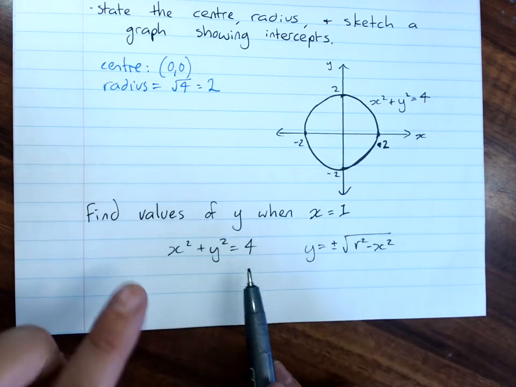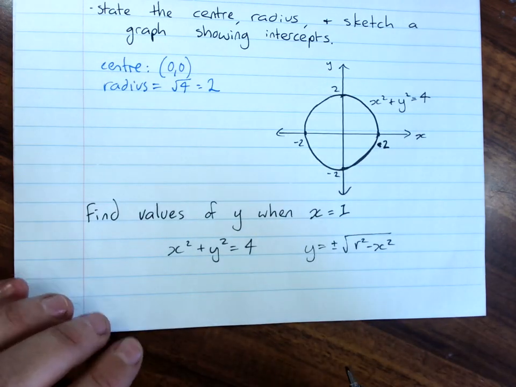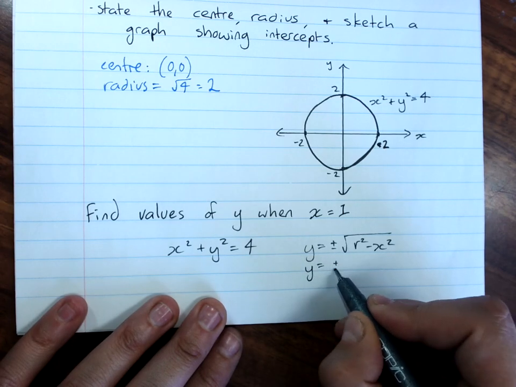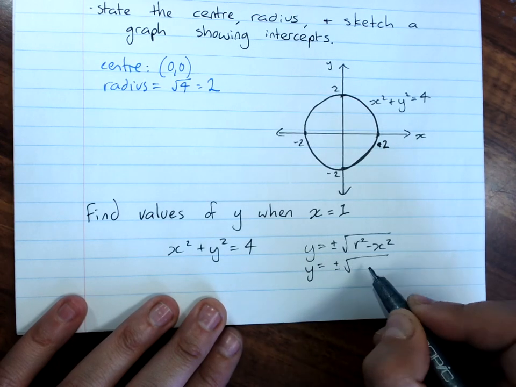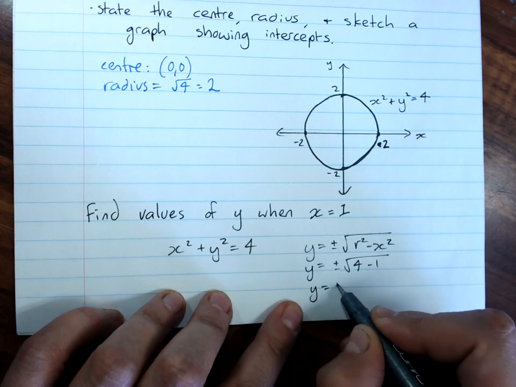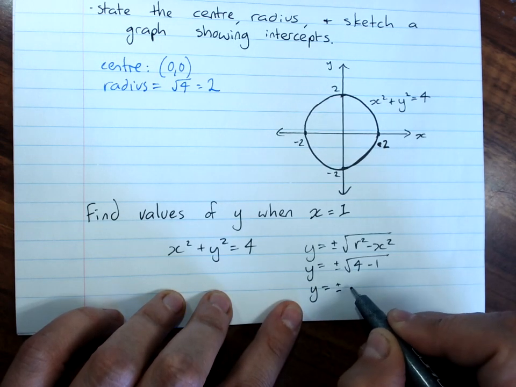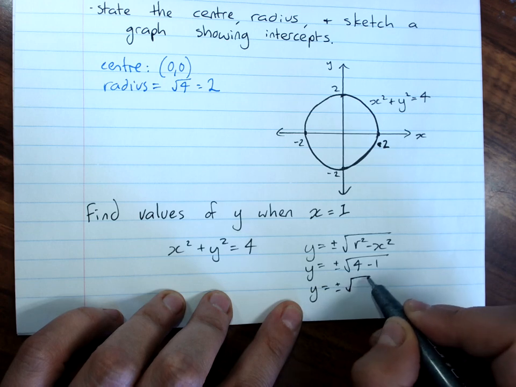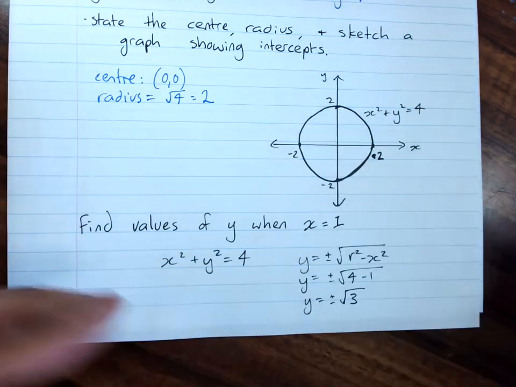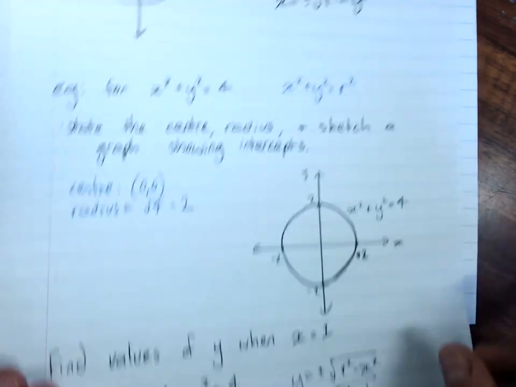Either one will work, you'll just have to rearrange this one yourself. So y is plus or minus the square root of 4 minus 1, so y is plus or minus the square root of 3. You've done that. It's pretty easy.